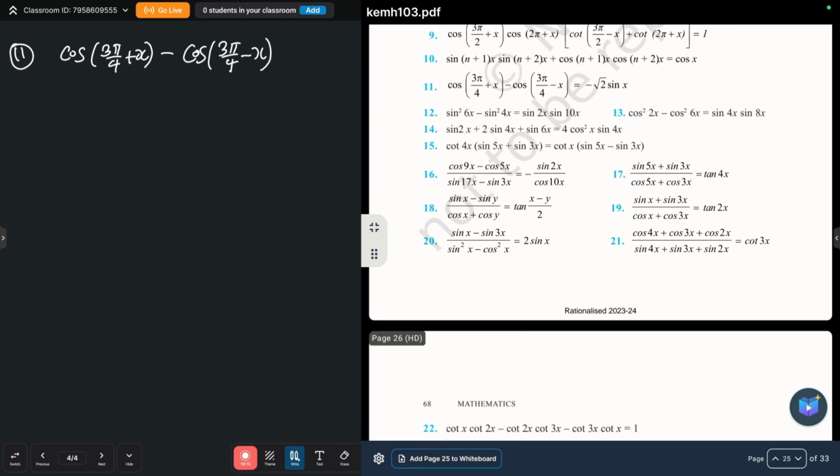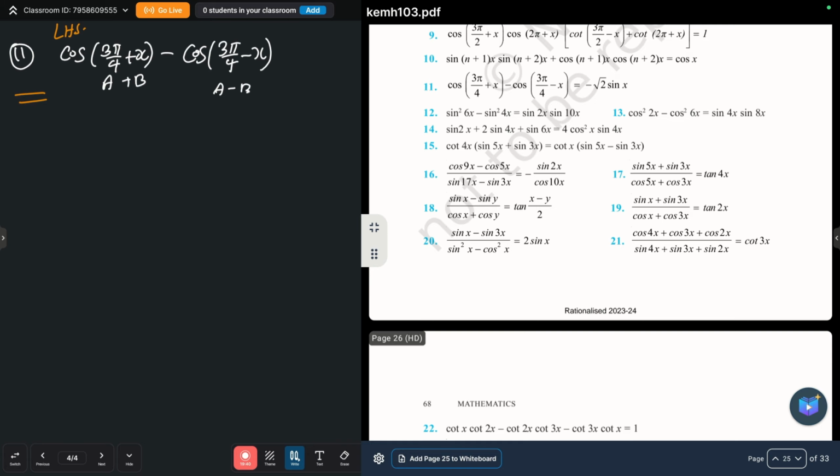So you should ask yourself which formula I can apply. There may be two methods to solve this. This is the left hand side. One, you can apply cos C minus cos D. Or you can apply cos A plus B here and cos A minus B there.